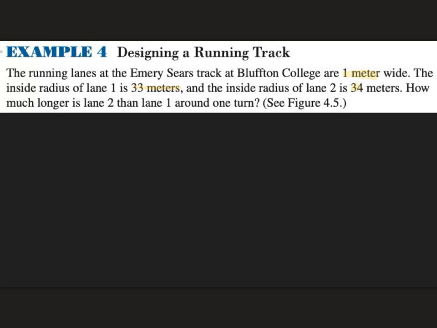Okay, so basically you have a running track. And this is lane 1. And then lane 2 comes along.